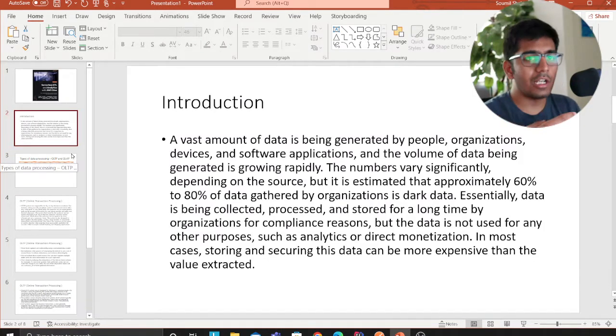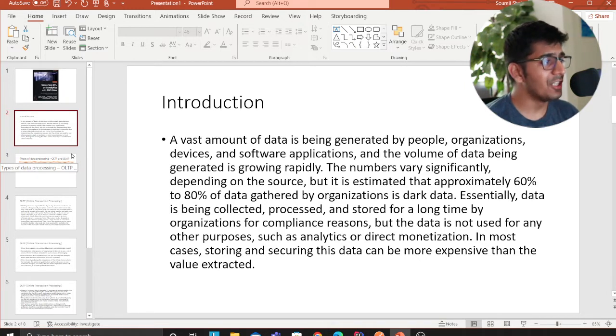But first I want to cover a little bit of introduction, right? A vast amount of data is being generated by people, organizations, devices and software applications, and the volume of data being generated is growing rapidly. The number varies significantly depending upon the source, but it is estimated that approximately 60 to 80% of data gathered by organizations is dark data.